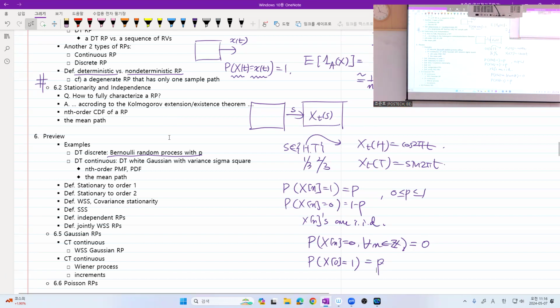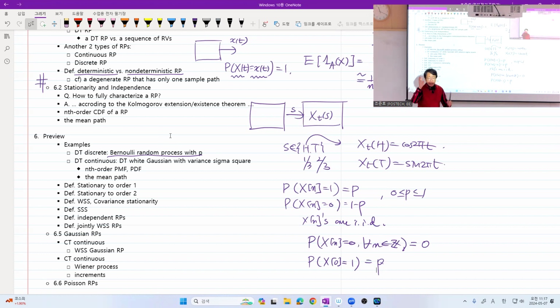And Kolmogorov showed that even though you are given uncountably or countably infinite number of joint random variables that form a random process, for every finite number of random variables among those, if you can find the joint CDF of the finite jointly distributed random variables, and if they are all consistent, then it's equivalent to having a measure theoretic definition.